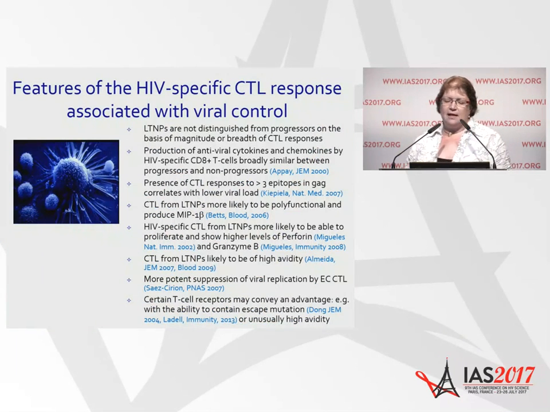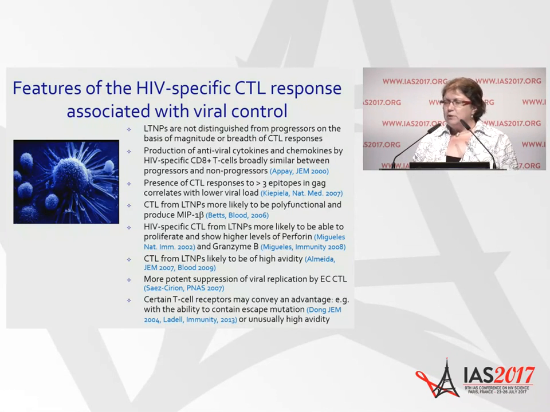However, again, studies of elite controllers have suggested that there are particular features of a good T-cell response, in particular responses to the Gag protein, the levels of polyfunctionality, the proliferation of these T cells, and the avidity of the T cells, that's the ability to recognize target cells at very low antigen concentration.